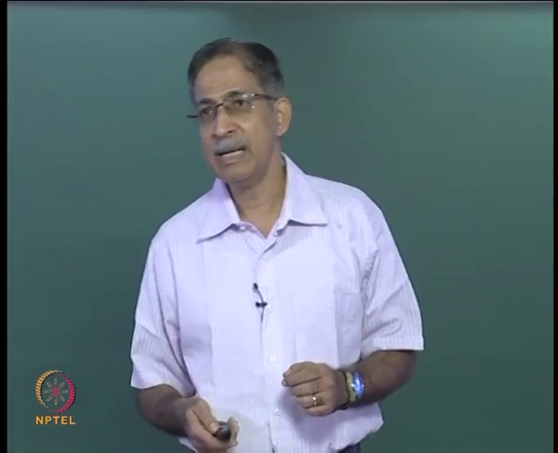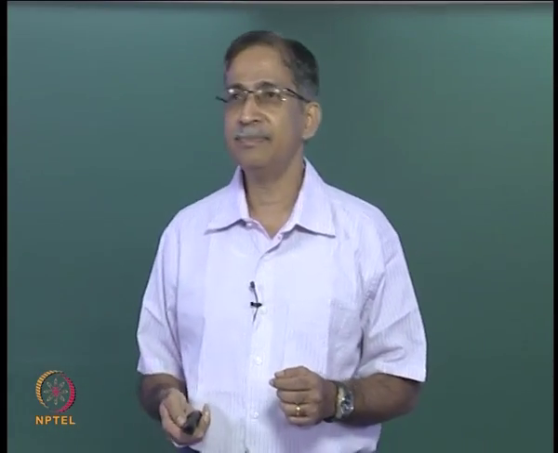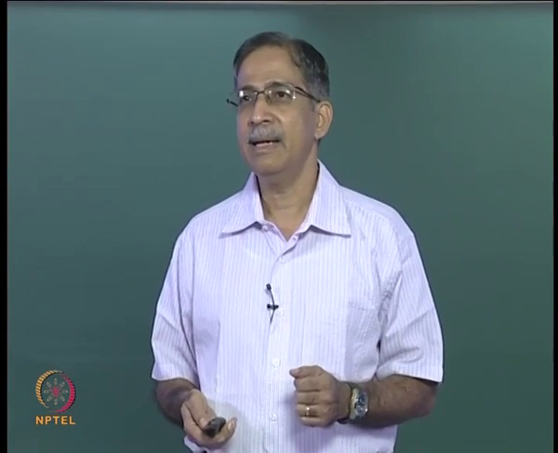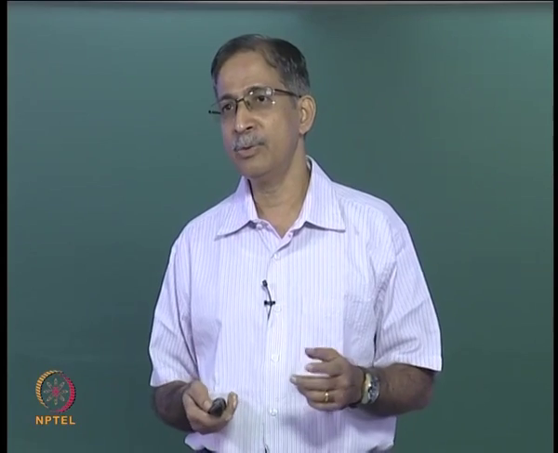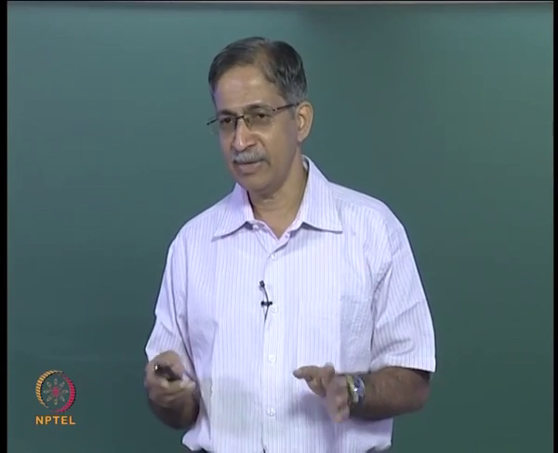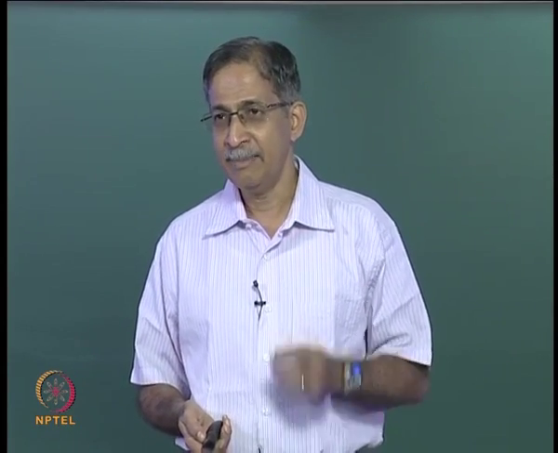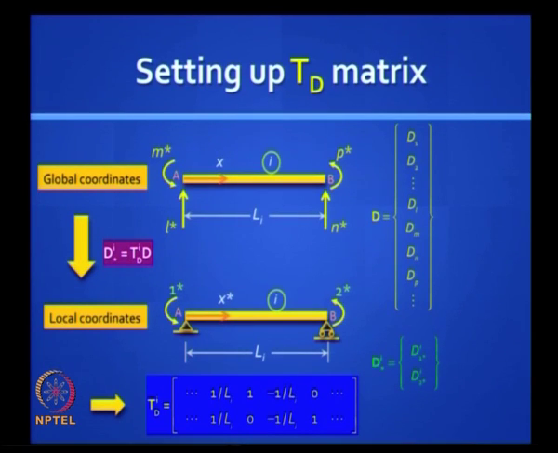This is how you convert from typical global coordinates like M, L, M, N, P to the two coordinates 1 star, 2 star. We have done this in the last class, but if you found this little difficult, there is an alternative way of arriving at the same derivation.